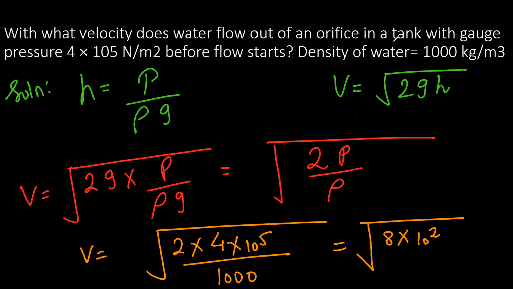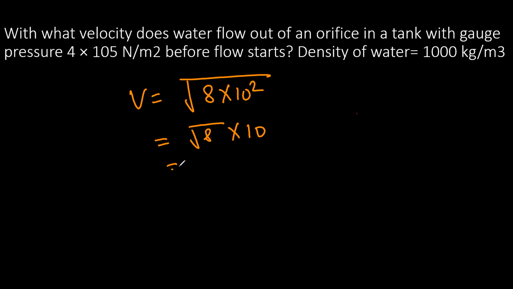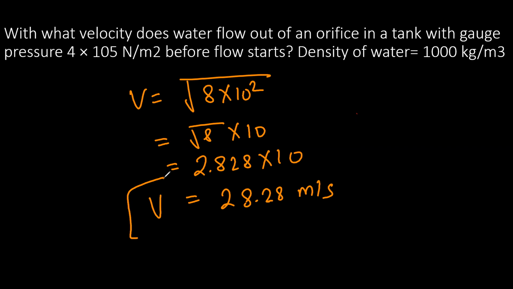So V is equal to square root of 8 × 10². What is the square root of 8? It's 2.828. Into 10, you can use a log table. So you get 28.28 meter per second. This is the velocity.